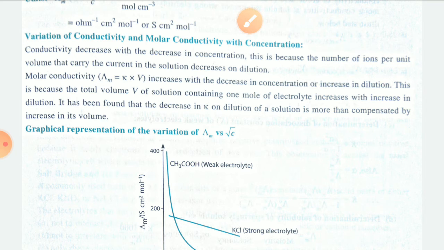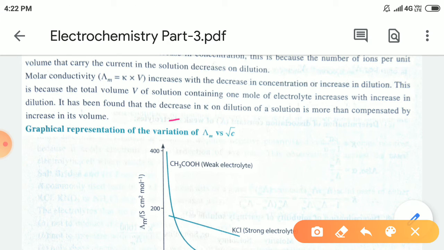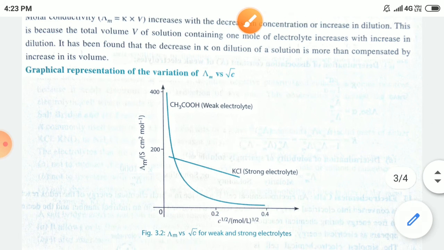This is because the total volume V of solution containing 1 mole of electrolyte increases with increase in dilution. It has been found that the decrease in conductivity on dilution of solution is more than compensated by the increase in its volume.